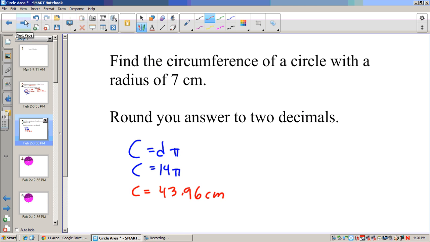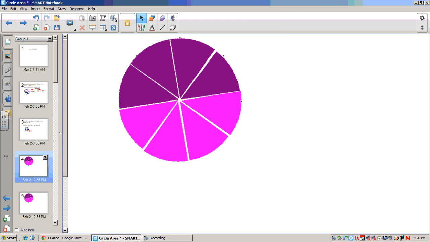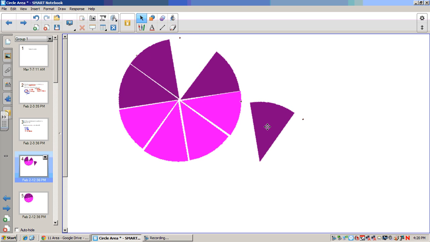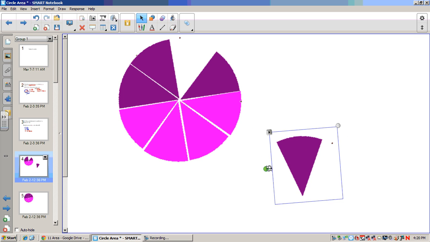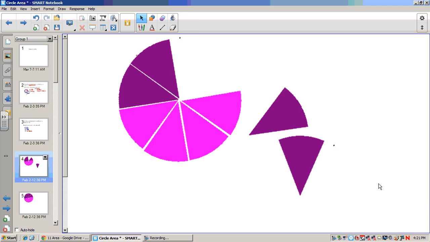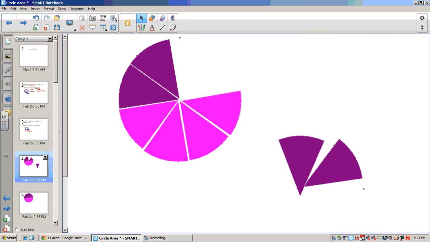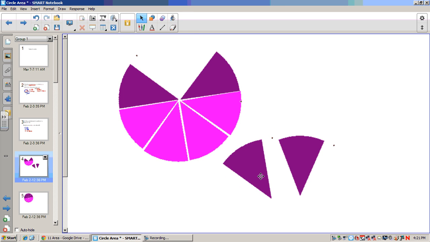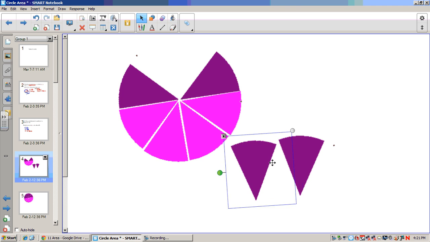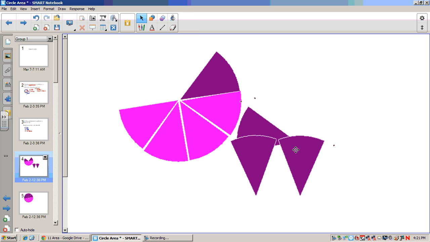All right, so now, if I have a circle made up of these pieces, I could take each of these pieces and pull them down here. And what I could create is something that looks similar to a quadrilateral. We can try to put these into place.